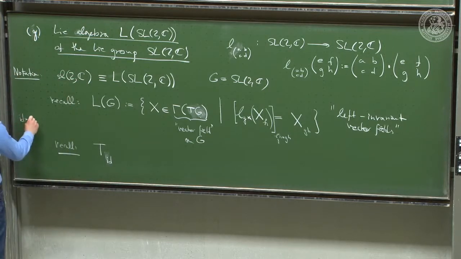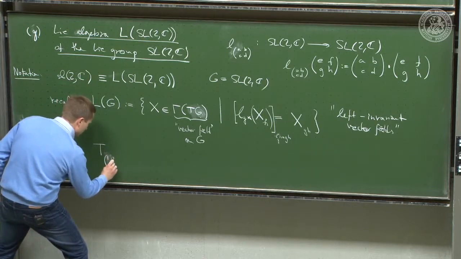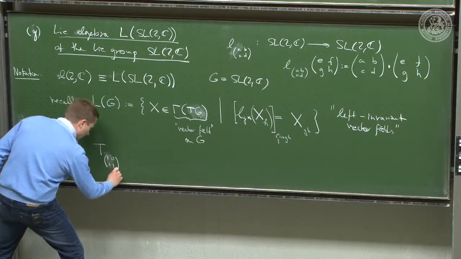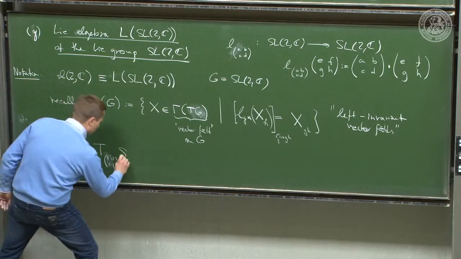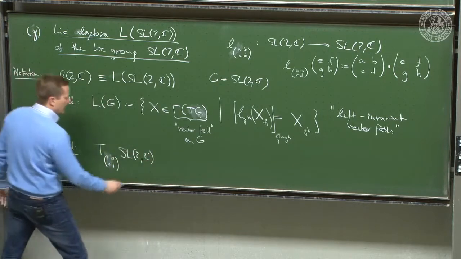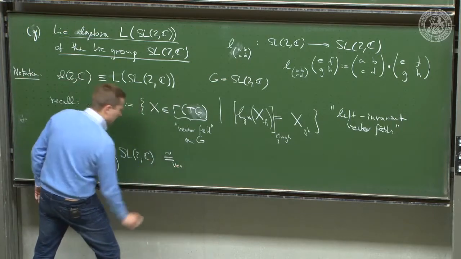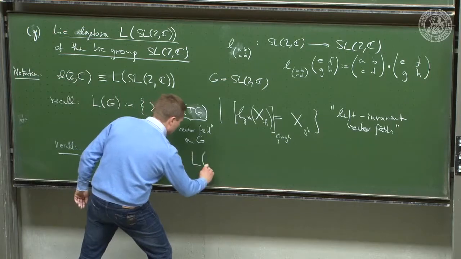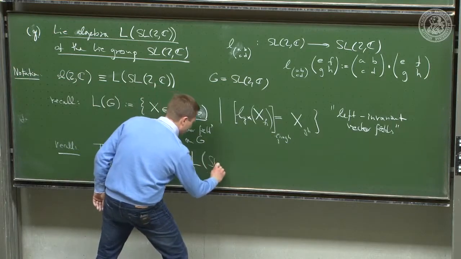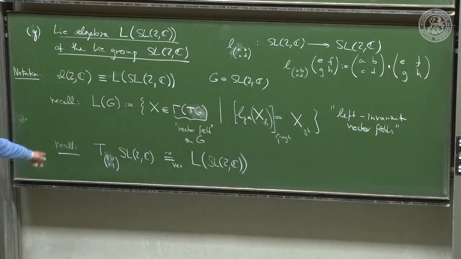In our case, the tangent space at (1,0,0,1) to the group SL2C, as a vector space, is the same as the left invariant vector fields of SL2C. Do you remember this result?